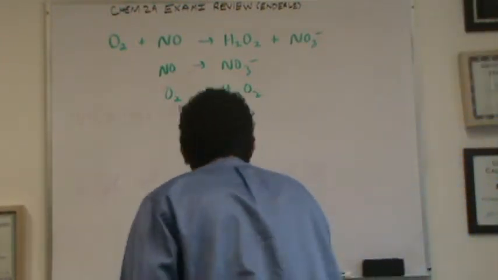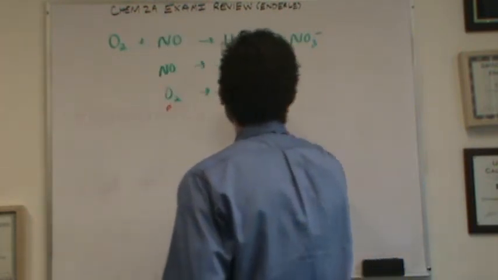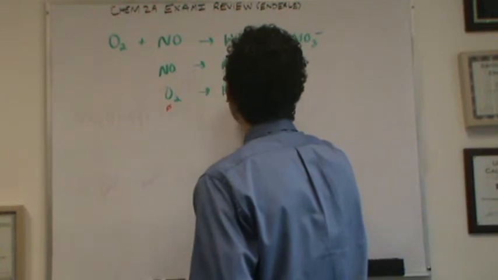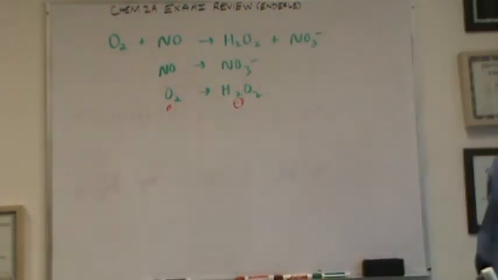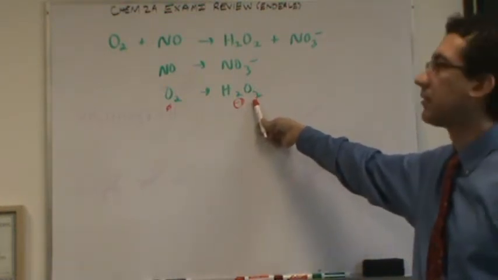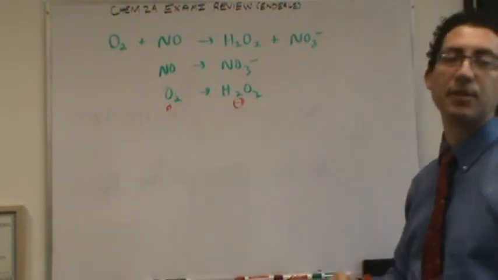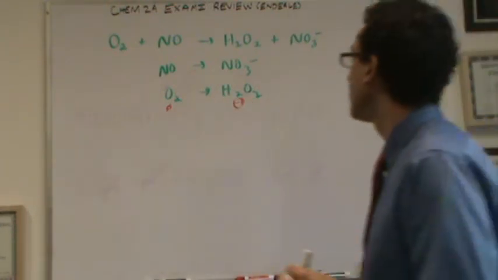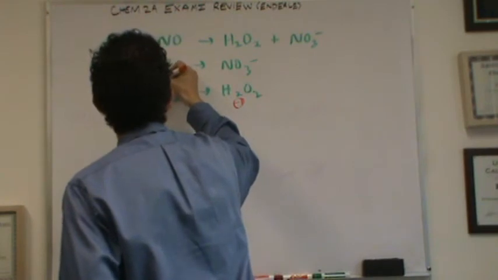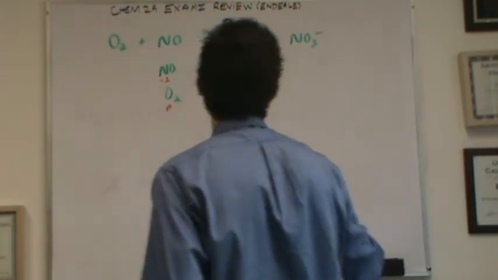This oxygen is 0, and this oxygen over here is -1. When it's in a peroxide, that's the only example where you see a -1 for oxygen, because each hydrogen is +1. In the other example, this nitrogen looks like it's +2, and this one is +5.